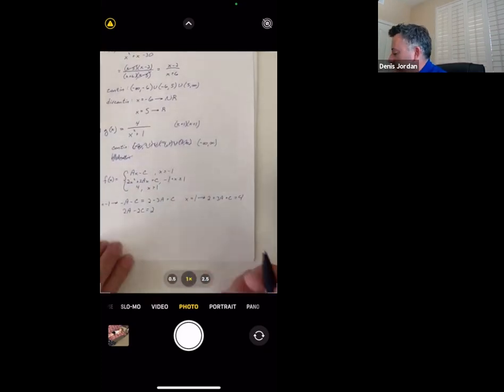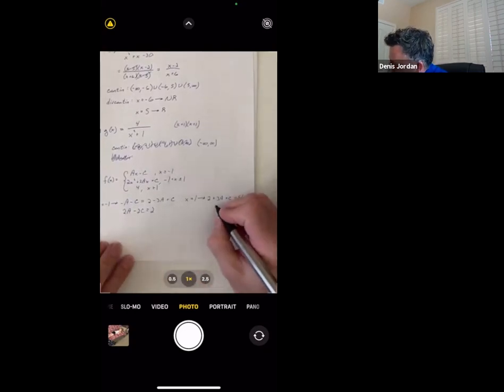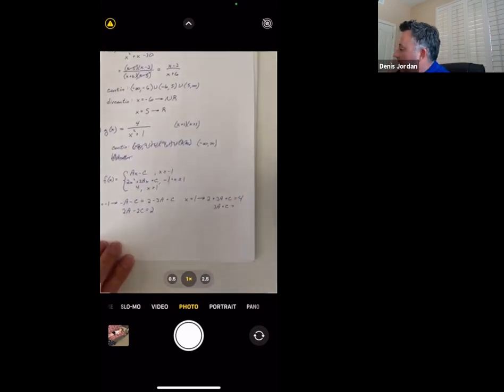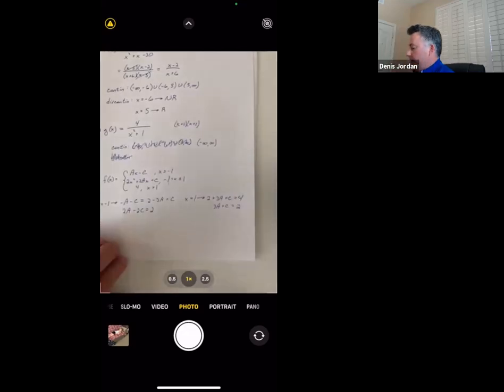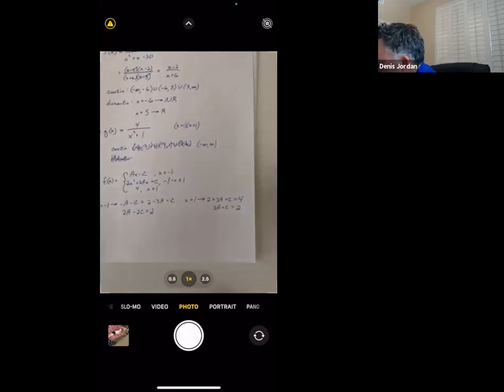And now you've got the same type of thing. You have an A and a C in there. So just leave the A and the C on the left, swing the 2 over to the right. So you have 3A plus C is equal to 2.